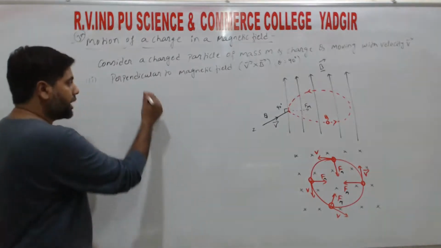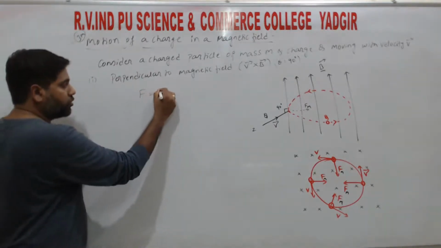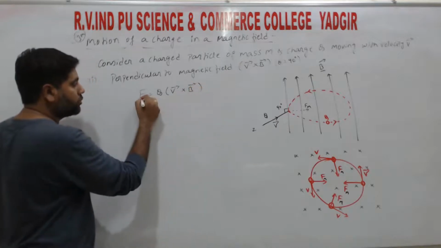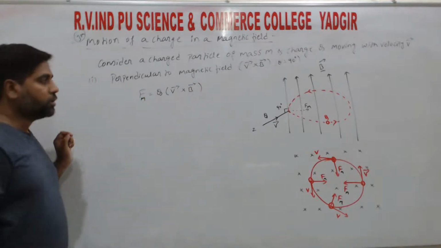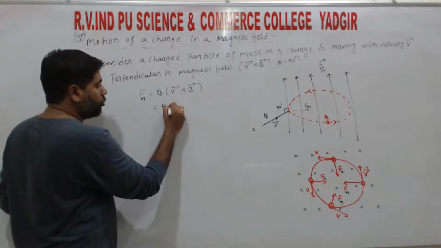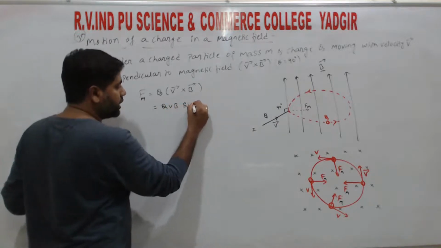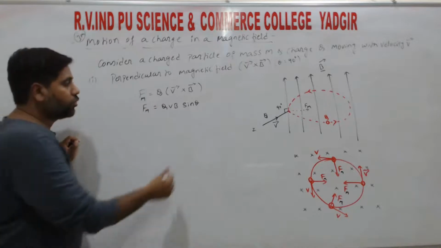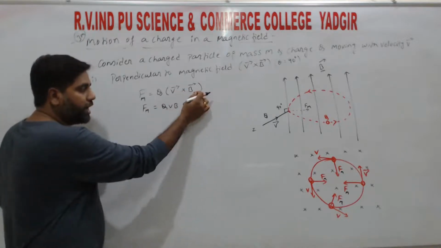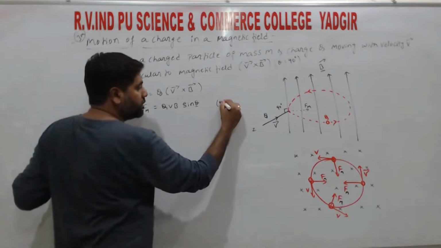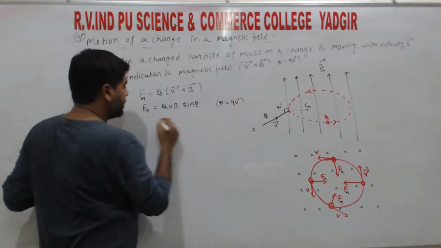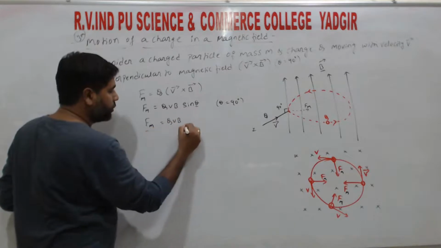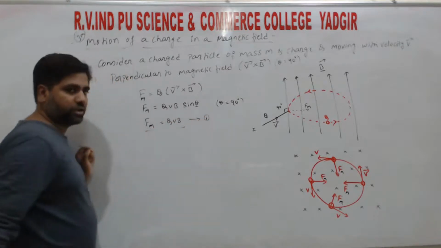From the relation F equals Q into v cross B, that is the magnetic force. We can write qvB sin theta, only writing the magnitude. Here theta is the angle between v and B, theta equals 90 degrees. So Fm equals qvB. Calling this the first equation, right?